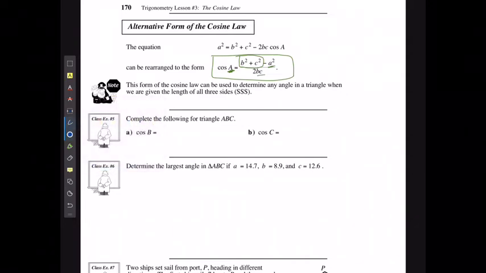If I'm looking at angle B, then it's going to be a squared plus c squared, minus the side length opposite B, b squared, over 2 times the other two side lengths, ac. Or if I'm doing it for C, then it's going to be a squared plus b squared minus c squared over 2ab.